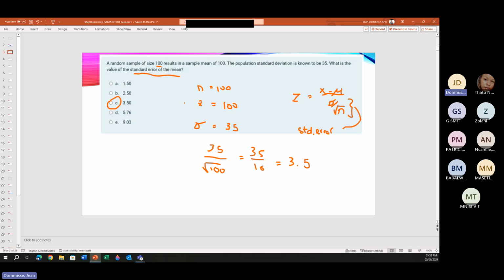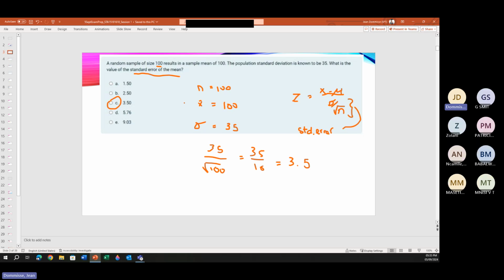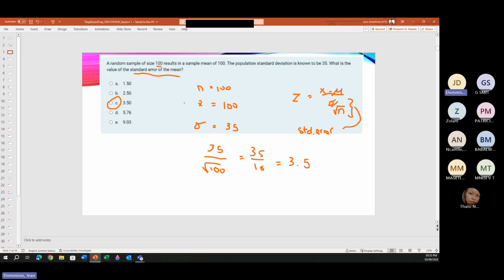So we don't need to work out Z. You in any case don't have the population mean, you only have a sample mean, so you can't really work out the Z value.